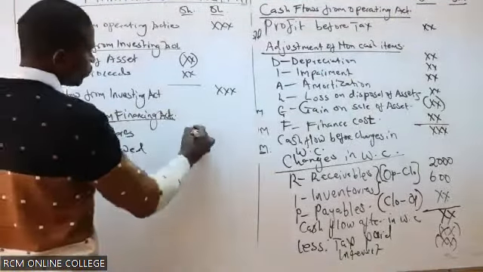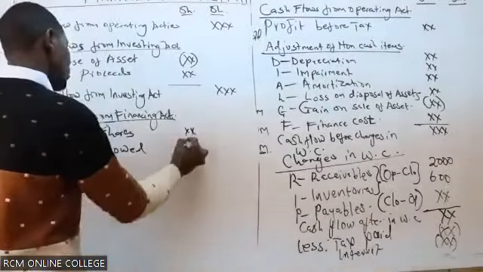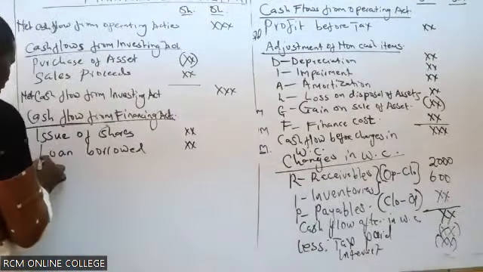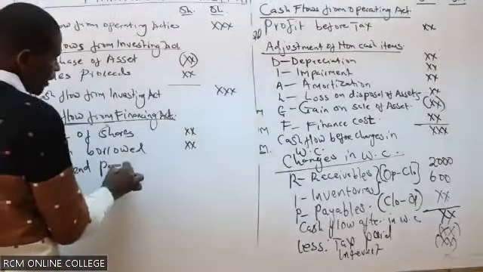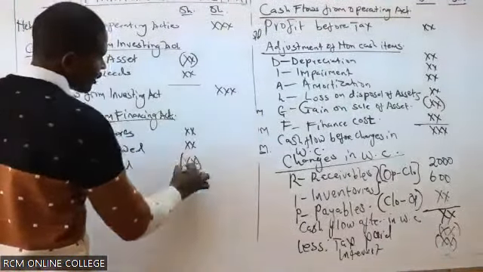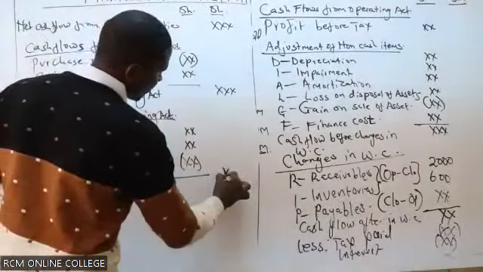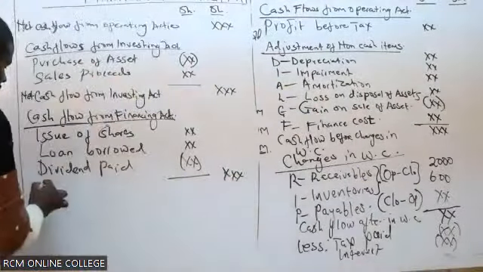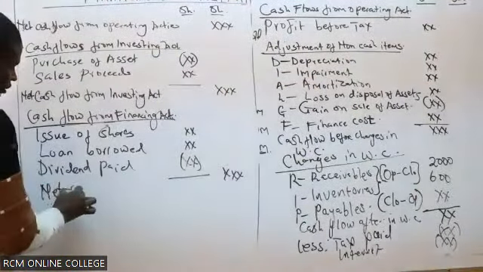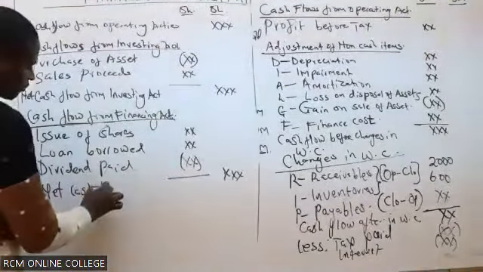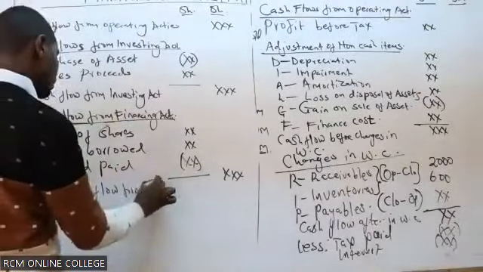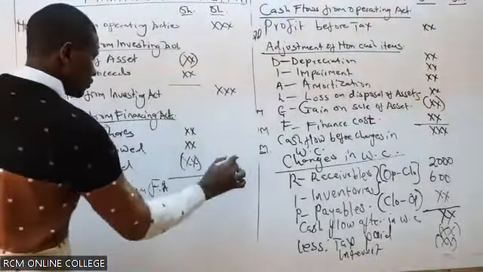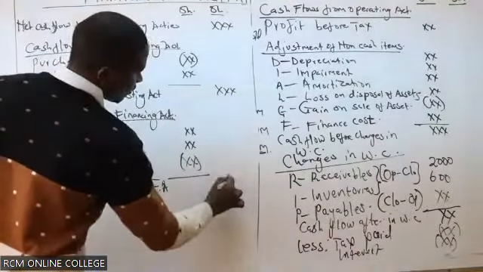So when we issue shares, our cash increases, when we borrow a loan it increases, and dividend paid, when we pay, our cash reduces. Then we can get our net cash flow from financing activities.